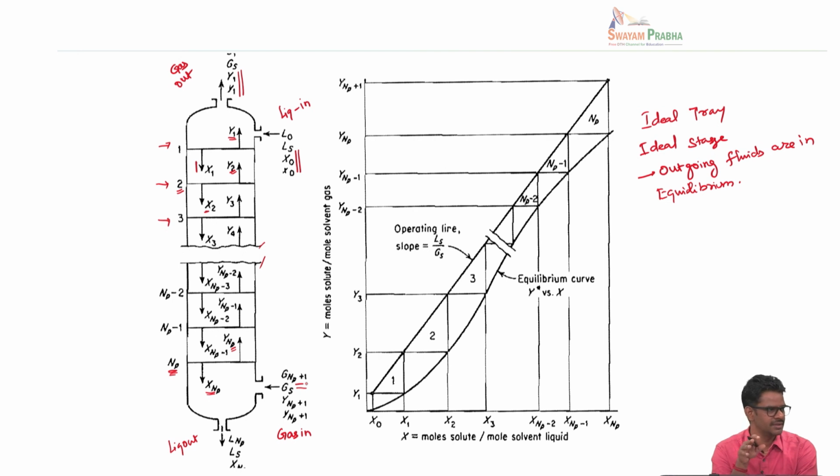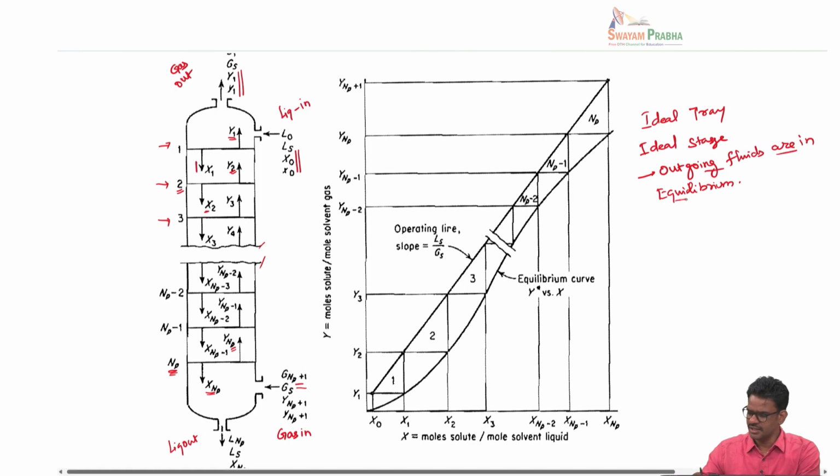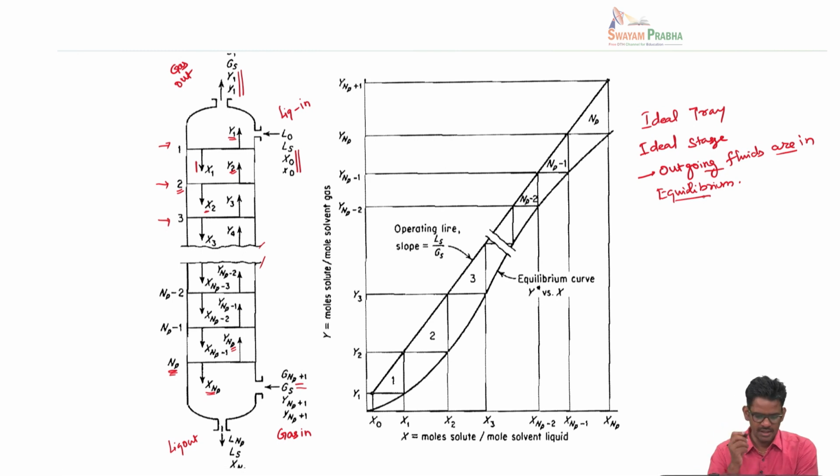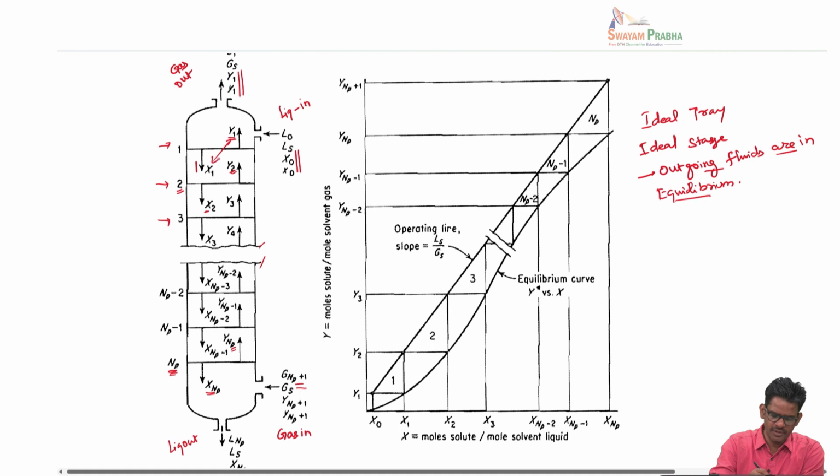Now when I say the outgoing fluids are in equilibrium for an ideal tray, theoretical stage or ideal stage, you will see x1 and y1 will be at equilibrium. Similarly, x2 and y2 will be in equilibrium. What that means is, when the two fluids are brought into contact in a particular tray, there is enough time for the gas and liquid to mix so that the mass transfer comes to completion.